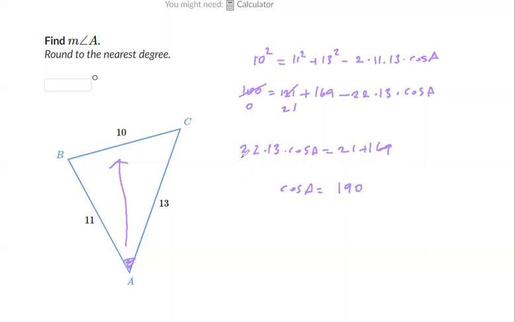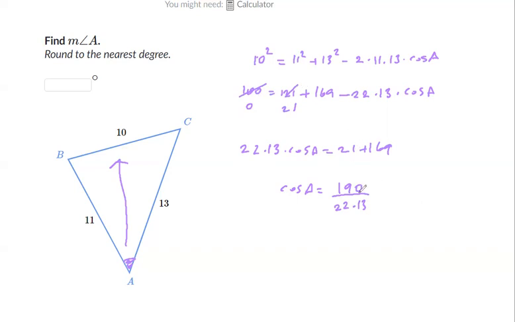But there are two numbers that are multiplied by cosine A, so you have to divide by that number. Which is why cosine A will be 190 divided by the product 22 times 13. You can try taking these numbers and putting them into a calculator.